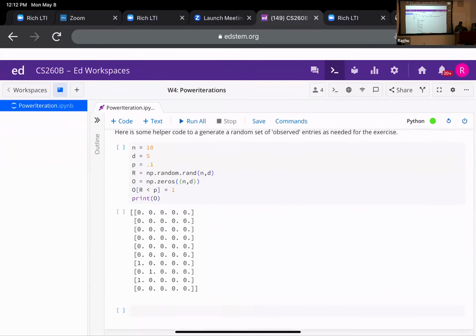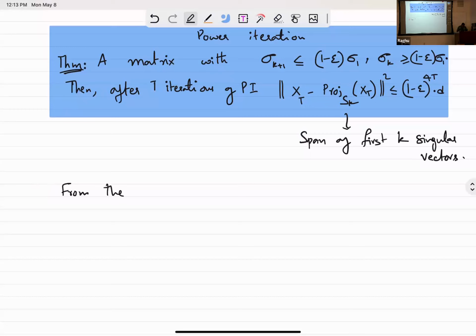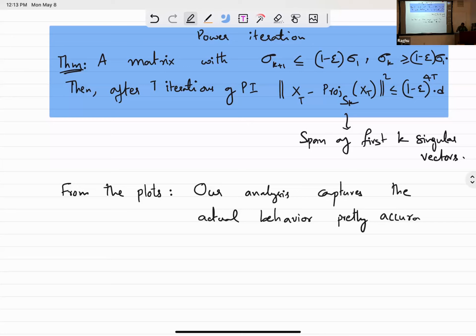All right, so what do we know from the plots? Our analysis captures the actual behavior pretty accurately.